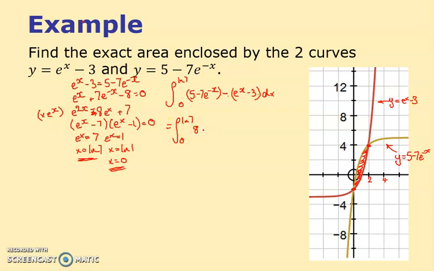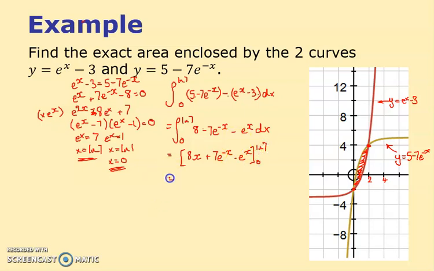And I think when you do this you get 8 minus 7e to the minus x minus e to the x dx. Just check that. Integrate, I get 8x plus 7e to the minus x minus e to the x between 0 and log 7.